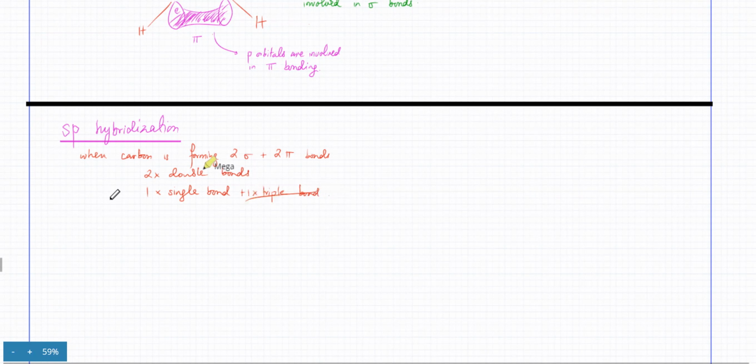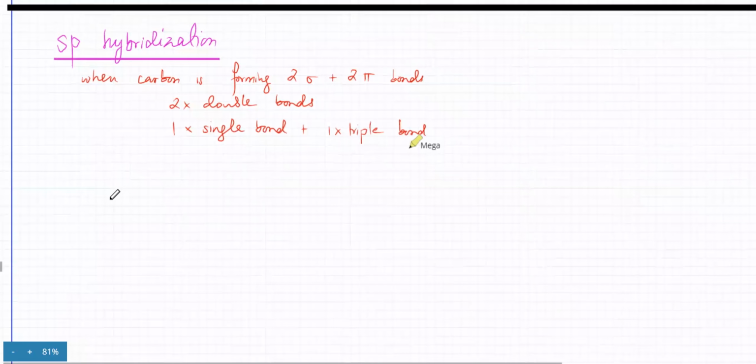Okay, so examples of sp hybridized carbon atoms. One example is a carbon dioxide molecule. You can clearly see that in carbon dioxide, carbon is forming a sigma bond over here, a sigma bond over here, then a pi bond over here, and a pi bond over here.